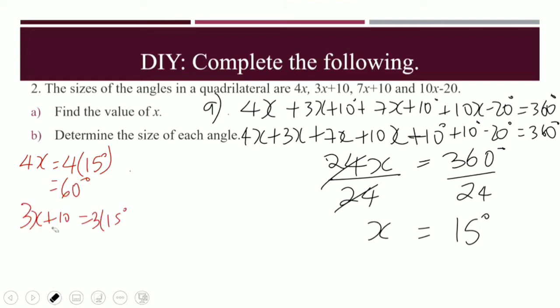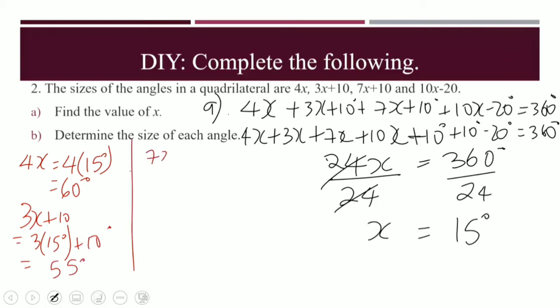Let me just write that below so I have some space on the other side. 3 times 15 degrees plus 10. 3 times 15 will give us 45 degrees plus 10 degrees, that is 55 degrees. And then we have 7x plus 10, which is 7 times 15 degrees plus 10 degrees. 7 times 15 degrees will give us 105. Okay, I can go ahead and write that out. Total will be 115 degrees.